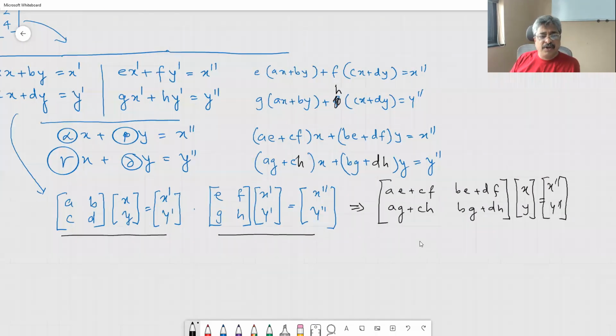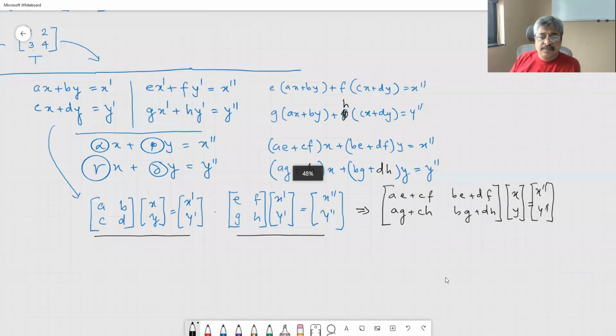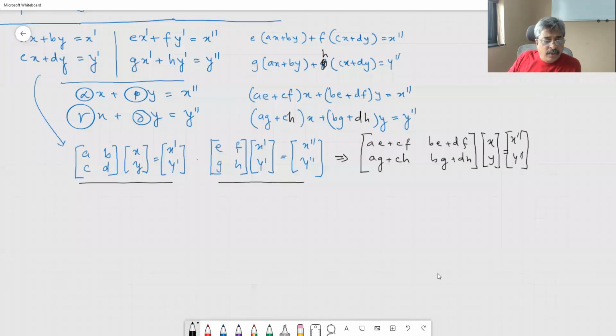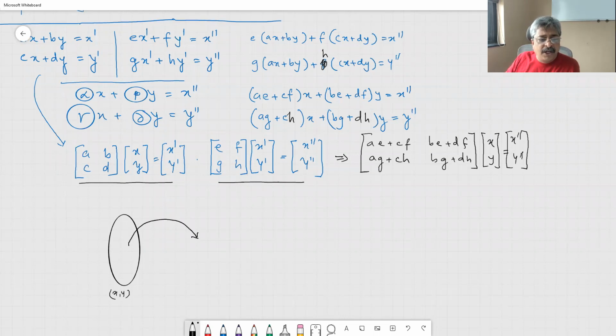This is composition of functions. You have a domain in which your variables are x comma y. You operate a function, let us call this function g. You operate g, that means ACBD, and you get x dash y dash.